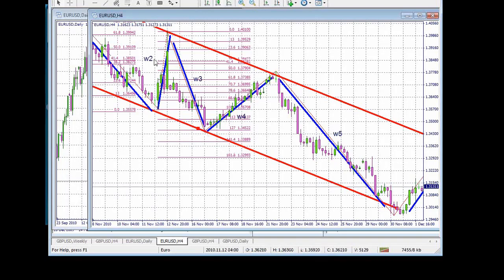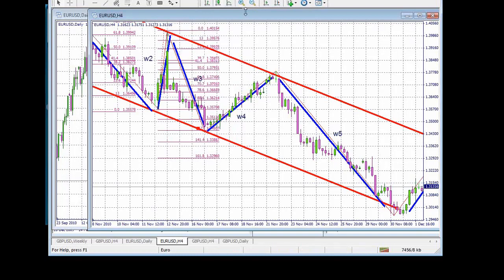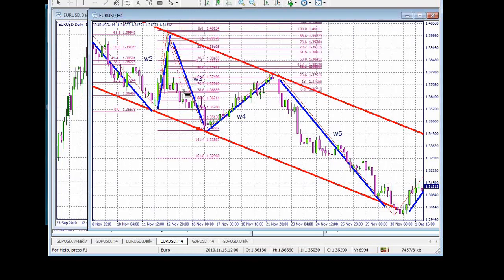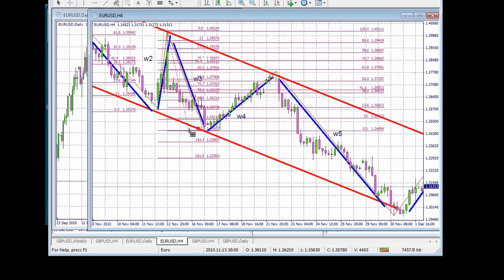Okay, I will try to move the Fibonacci a little bit because I want to measure the next wave. The next wave will start at the top of wave 3. The Fibonacci will be at the highest point of wave 3.